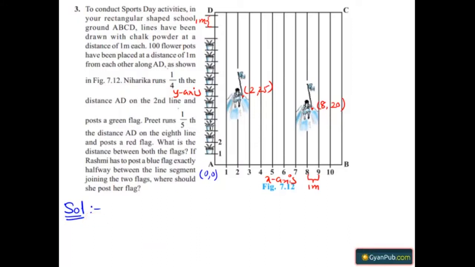Also, the blue flag must be posted by Rashmi exactly halfway between the line segment joining the two flags.